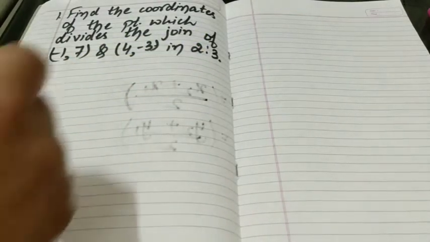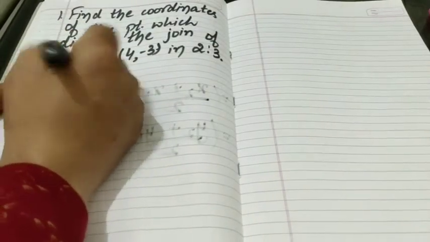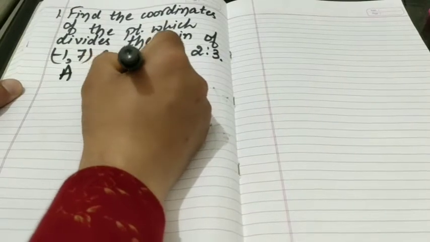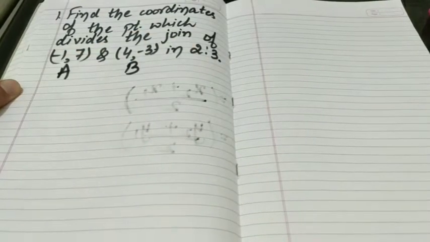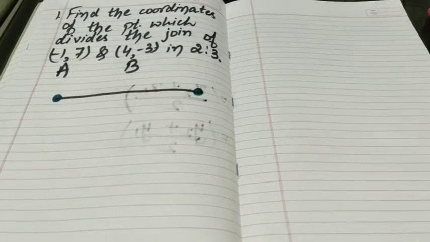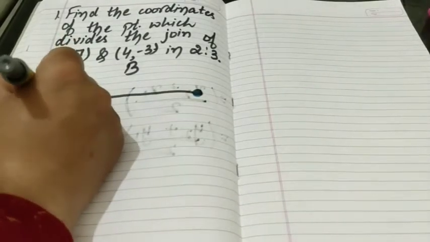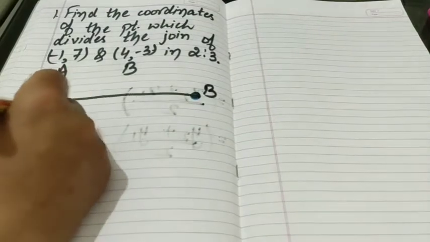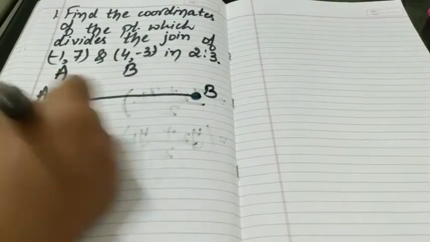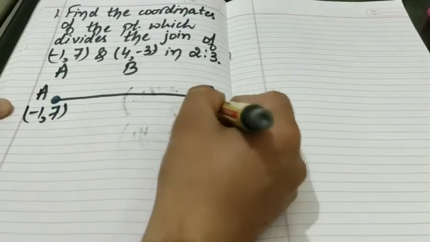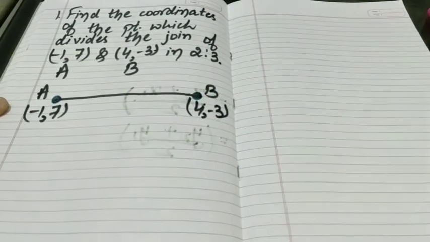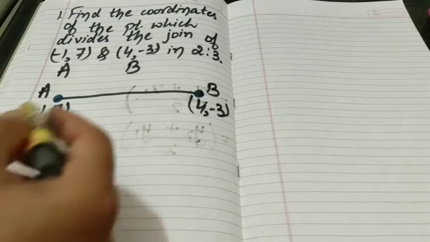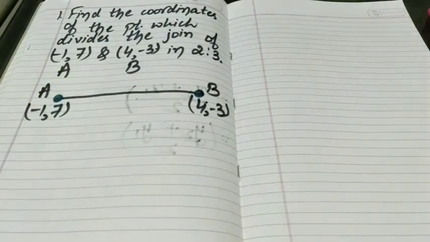Let (-1, 7) represent point A and the other coordinates represent point B. So let us draw the line segment AB, where the coordinates of point A are (-1, 7) and of point B are (4, -3). We have to find the coordinates of the point which divides the join of line segment AB in 2:3.